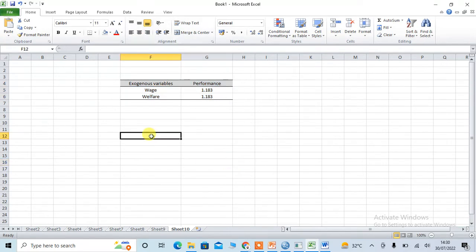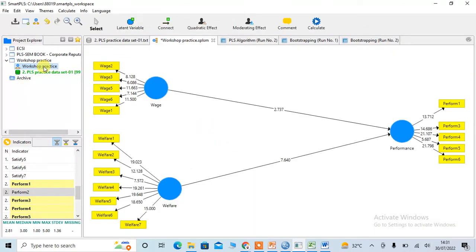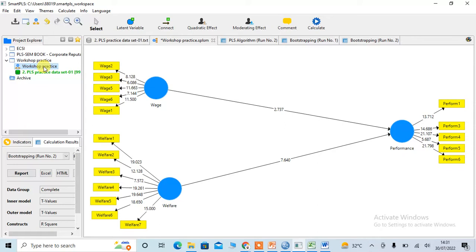Okay, this is the result. It is less than 3.3 as well as less than 5. Now, after presenting this result, we need to present another result for predictive relevance.